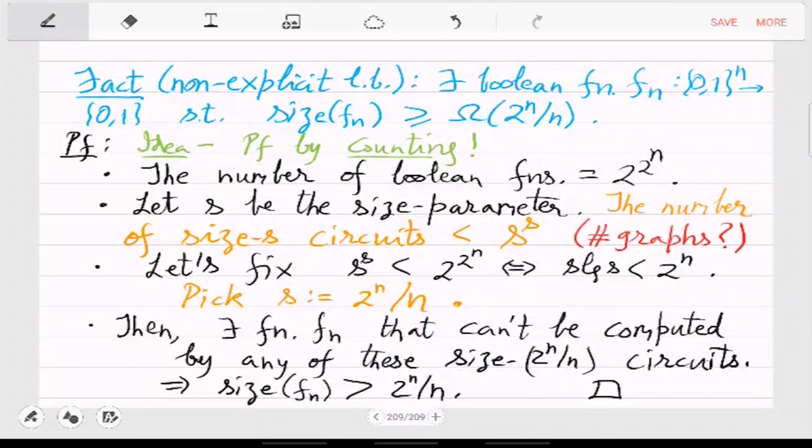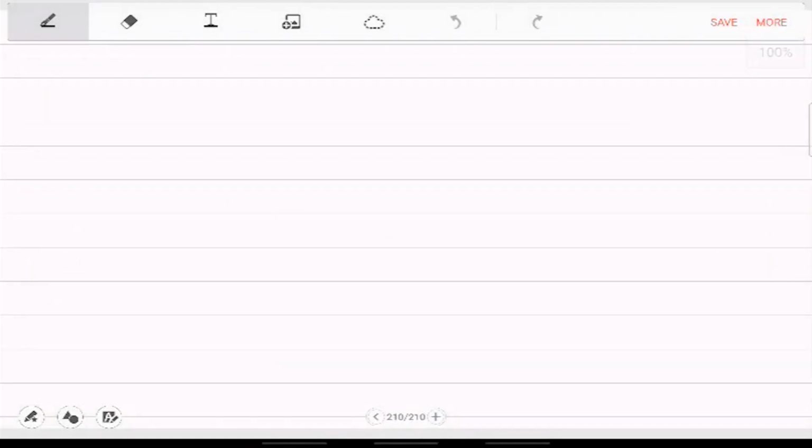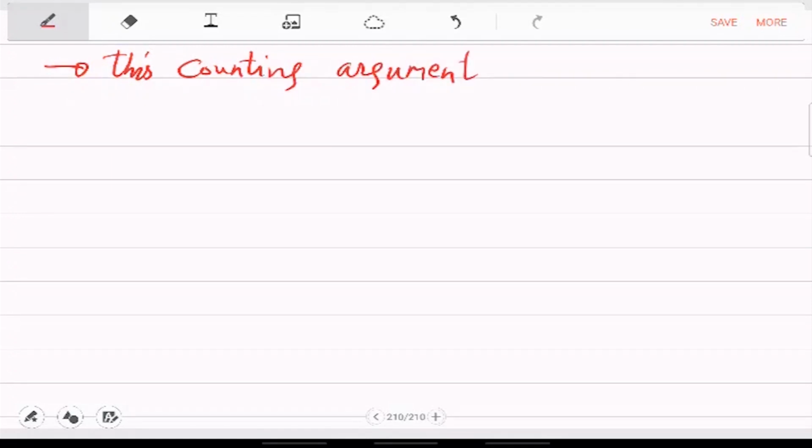Okay. I mean, Fn exists, but it doesn't give a construction. So, it only shows existence. This counting argument doesn't give an explicit Fn.